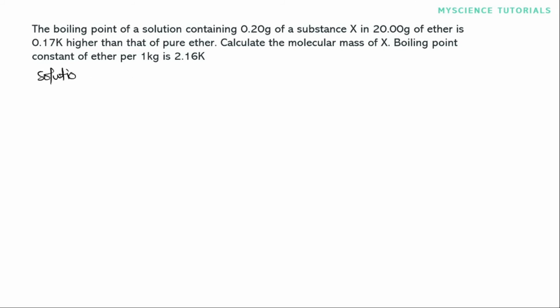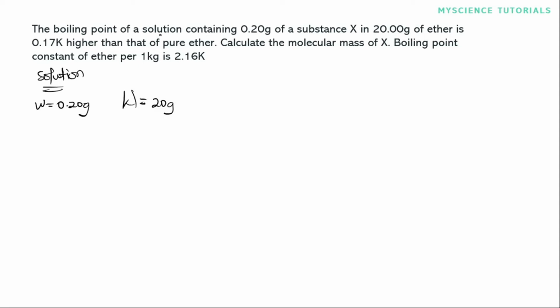Alright, so let's write down our solution and look at the parameters that we have. The boiling point of a solution containing 0.2 gram of substance X. So our solute mass, which is small w, is 0.20 grams. In 20 gram of ether, so our capital W is 20 grams of ether.